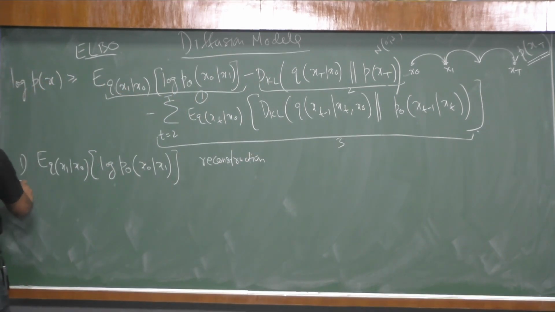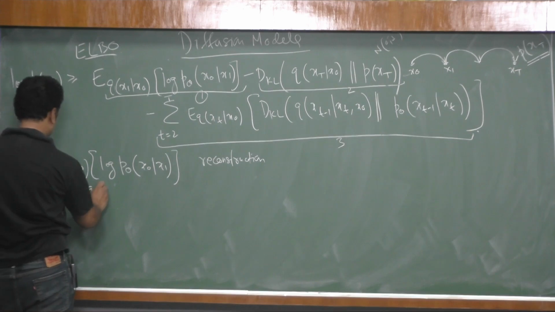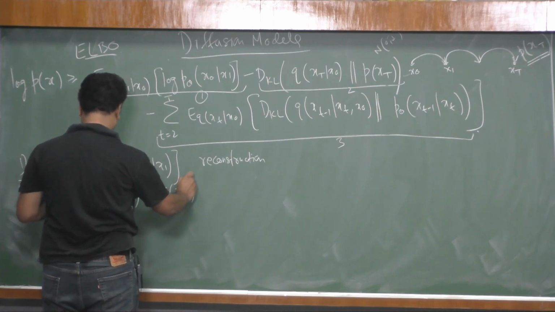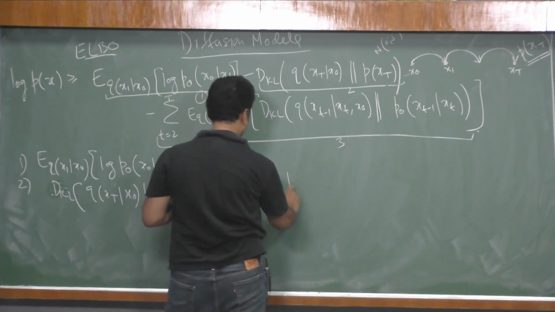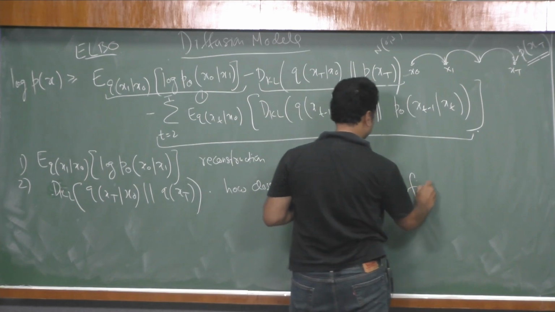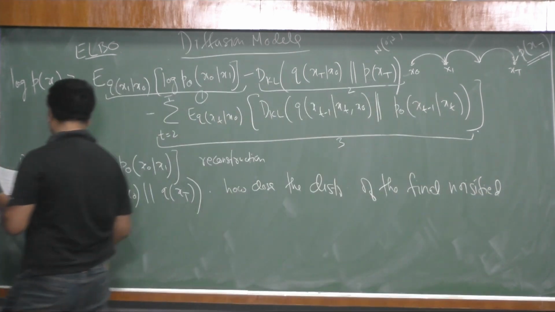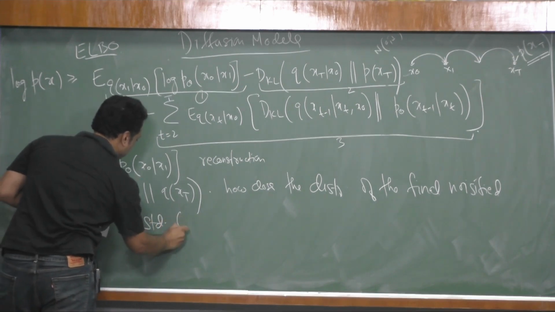So this is the second term, which is D_KL of q(xT|x0) and p(xT), and this represents how close the distribution of the final noisified input is to standard Gaussian.